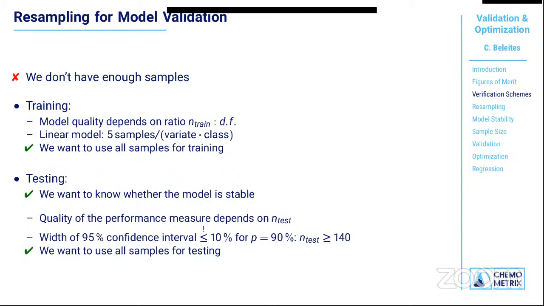And we want to know how good our model works. We want to know whether it's stable, and we also want a precise estimate, precise now in the sense of low uncertainty of our figure of merit.